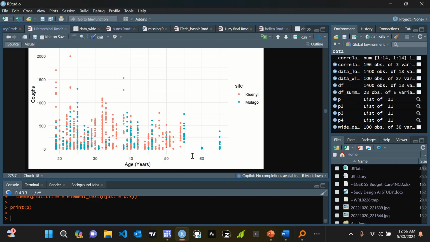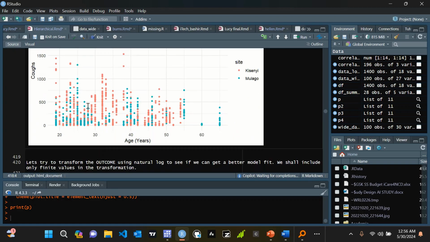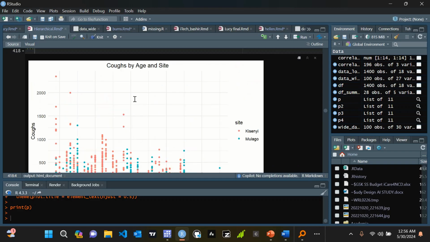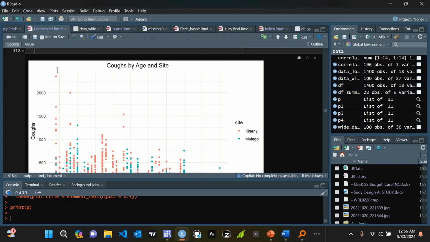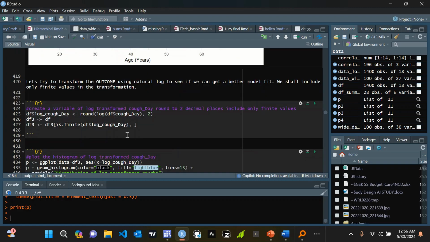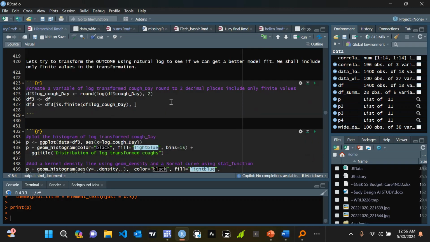As you can see, the old ones in Mulago were giving coughs below 500, and the highest number of coughs are from those below 35 years old. So the highest number of coughs is given by young people, actually below 25 years. So this is just to visualize your data and to give you what is happening.